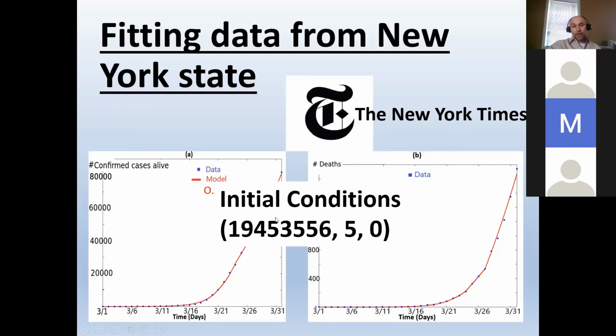So it's the census data, I guess, from 2019. There were more than 29 million people living in New York State, and you start with, in fact, one infected person, but one person in statistics means 5 in real data. For us, it's our guess, it's our assumption, and those are the initial conditions, right?